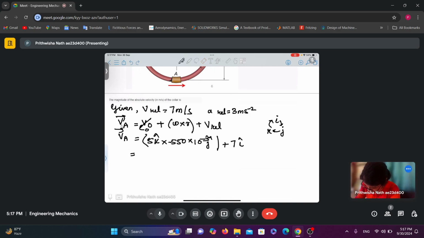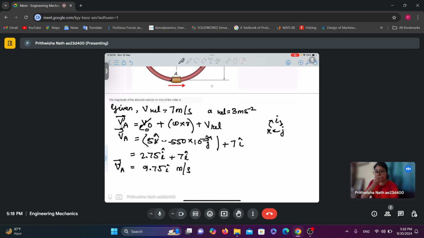This is 2.75i plus 7i, that is 9.75i. So VA is 9.75i meter per second.